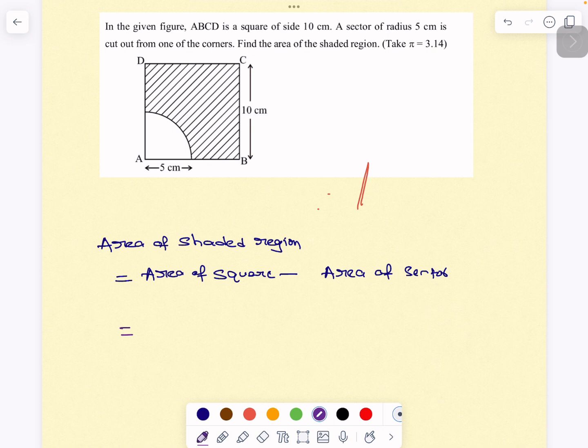Area of square we already know, that is side into side, that is side square. What is the side of the square here? Let us say this is a equal to 10 centimeter, radius equal to 5 centimeter.